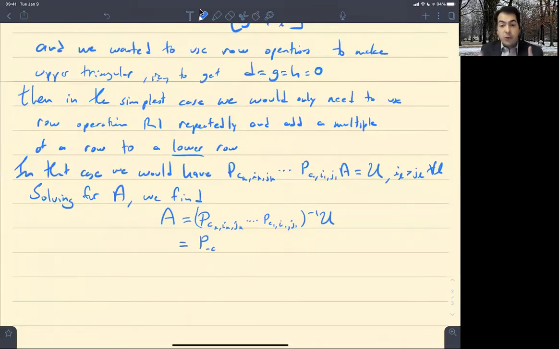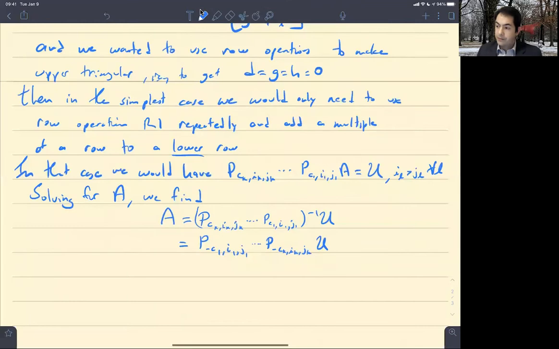The inverse of a product is the product of the inverses in the opposite order, and the inverse of an elementary matrix of type P is another elementary matrix of type P. You just change the sign of the constant. Sorry, this would be 1. CK, minus CK. IK, JK.